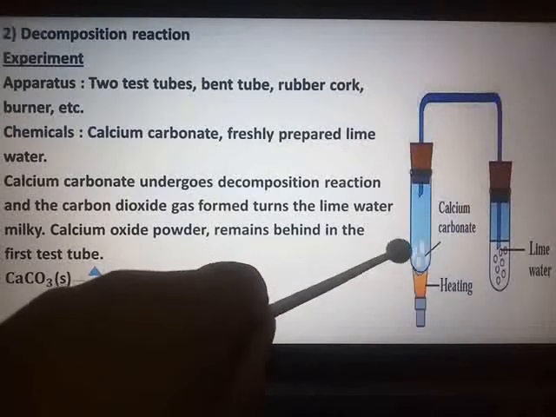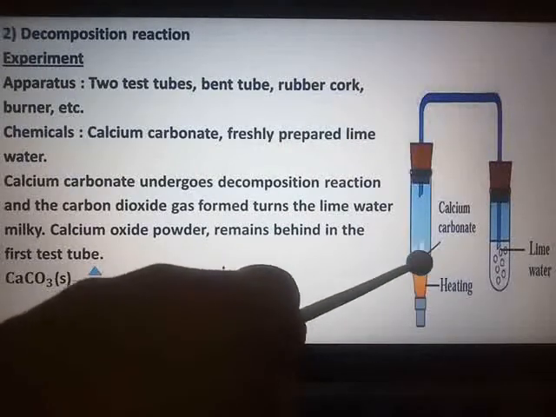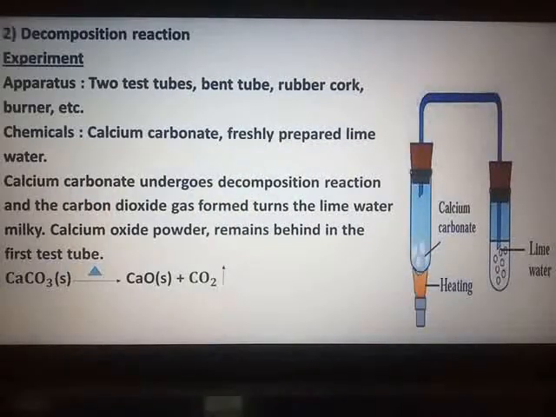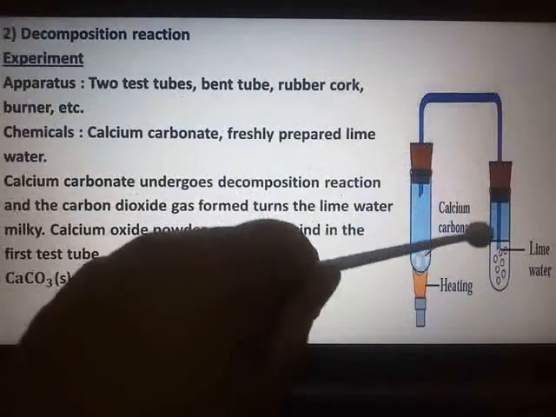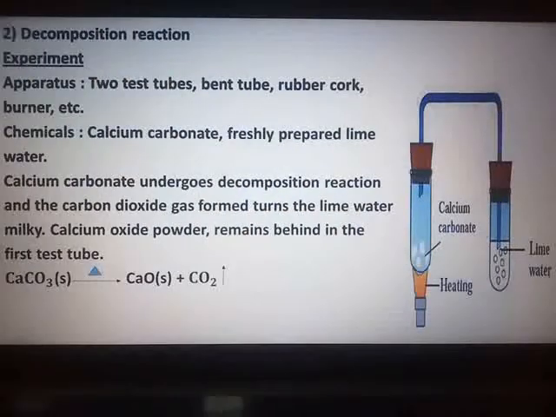Heat the first test tube, that is heat the powdered calcium carbonate in the first test tube very strongly. You will see over here the lime water turning milky. How?